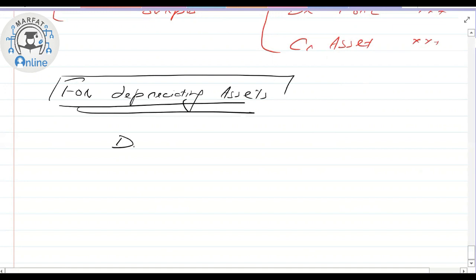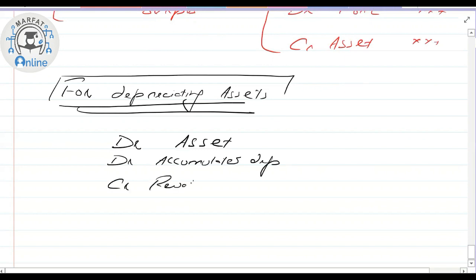what is the double entry? Debit asset, because normally when we say revaluation, we mean upward revaluation. Normally, debit asset, debit accumulated depreciation. Now what is this? Credit revaluation surplus.